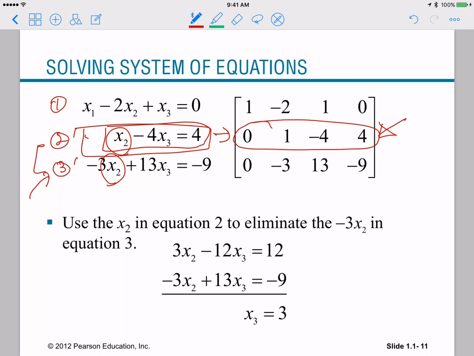In order to do that, we just multiply the second equation by 3 and then add it to the third row. And then they cancel out, and the remaining variable is only x3 with some constant on the right hand side, right?